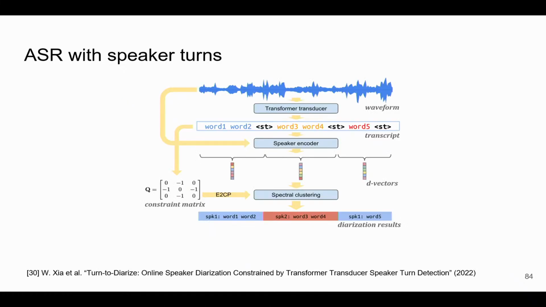And then similar in some way, but maybe more related to the modular systems, is the notion of turn-to-diarize, where you do the same thing. You have your words with change tokens, but this is a bit more friendly for the case of more speakers, because they also incorporate a speaker encoder.